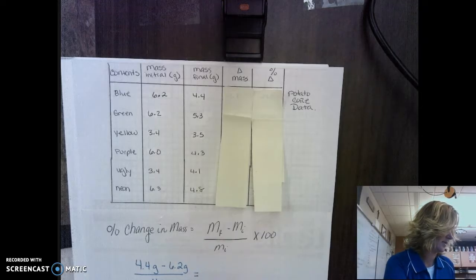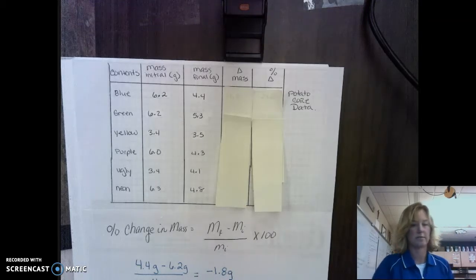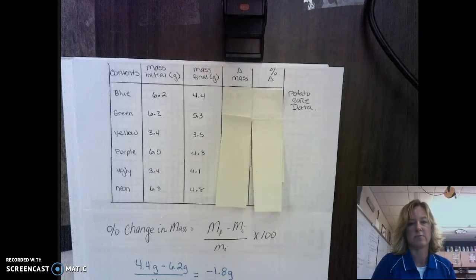Plug it into my calculator and I end up with negative 1.8 grams. So what does this number represent? It represents a decrease, so the mass of the potato got less. Something left the cells of the potato and we have lost mass.